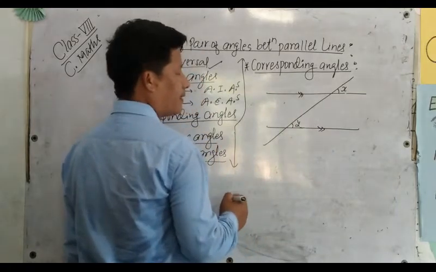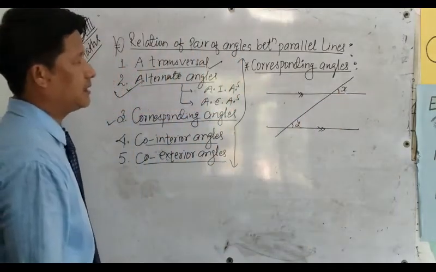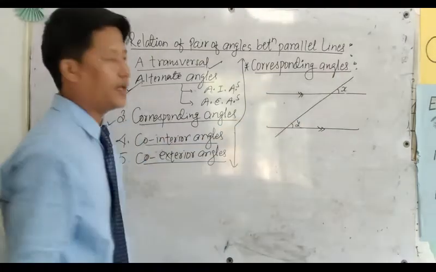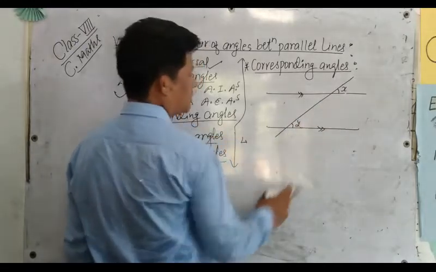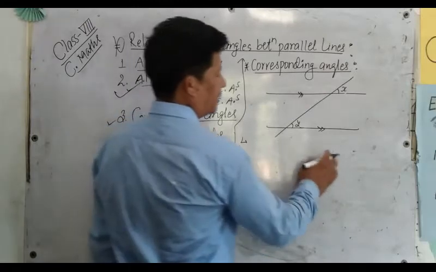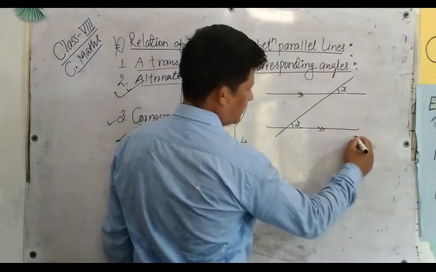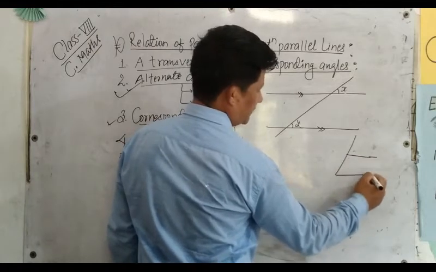Then such types of angles are called corresponding angles. Corresponding angles are formed in the shape of F, in this way.